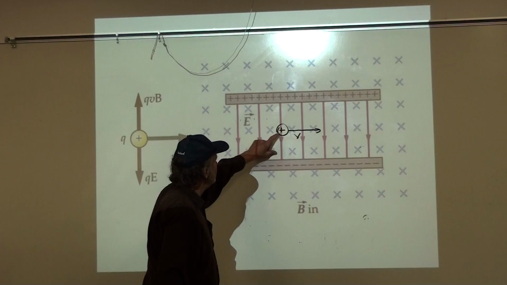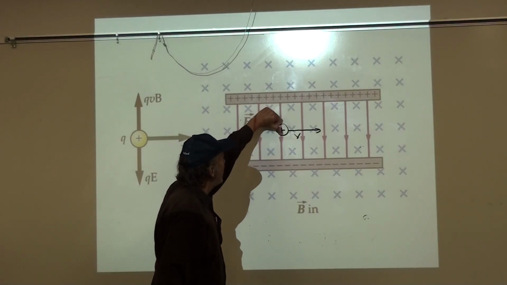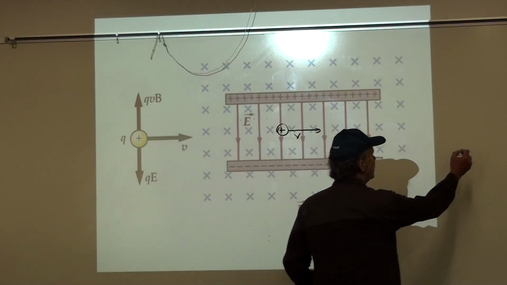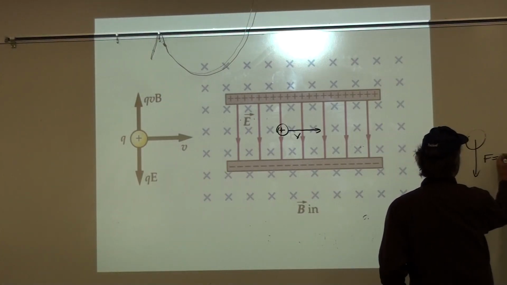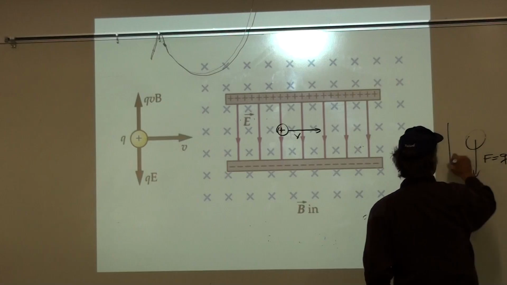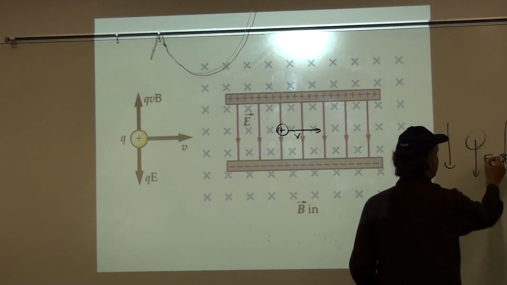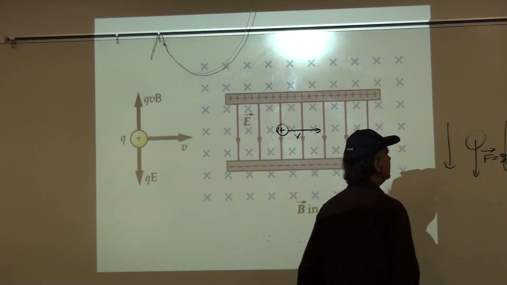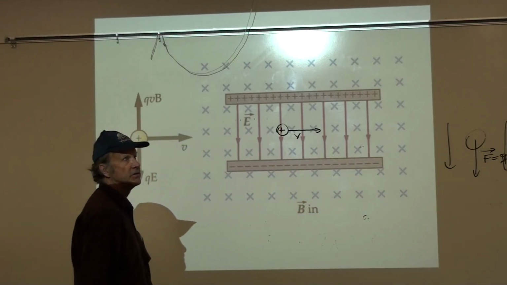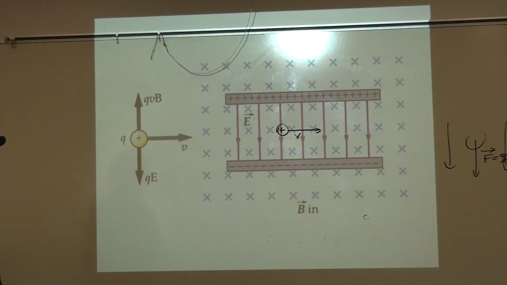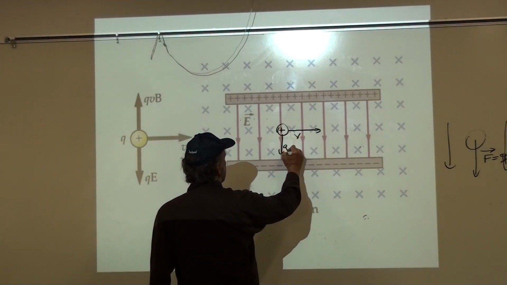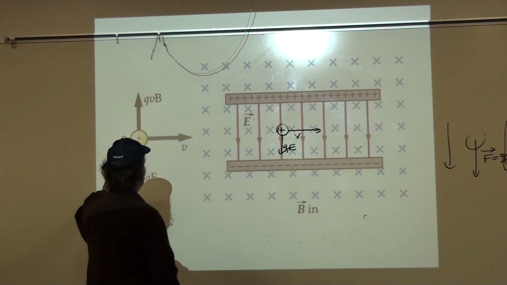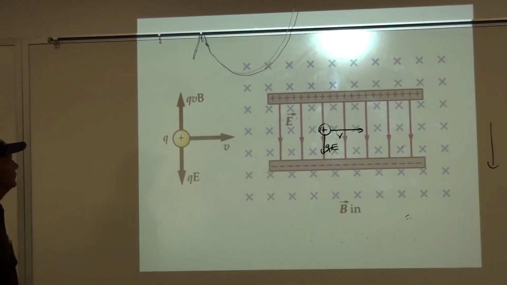Remember that a positive charge is going to experience a force equal to QE. So this is the electric field. So the force must be in the same direction as the electric field, right? If it's a positive charge. If it's a negative charge, then that's reversed. So we know that the force on the charge is QE. Or you can cheat and just look at this picture over there.